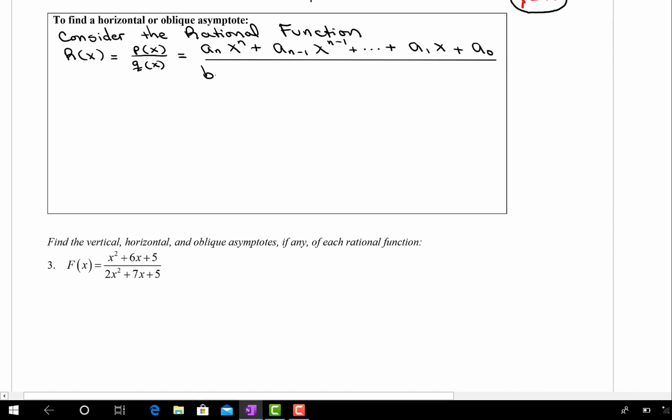So it's the general form of writing a polynomial. And I'm going to write another one here, this time in terms of b and m: b sub m times x raised to the m power plus b sub m minus 1 times x raised to the m minus 1 power, plus and so on, plus b sub 1 x plus b sub 0.